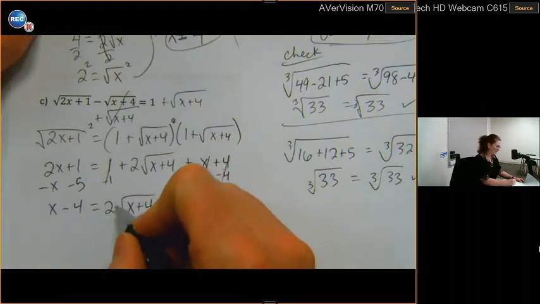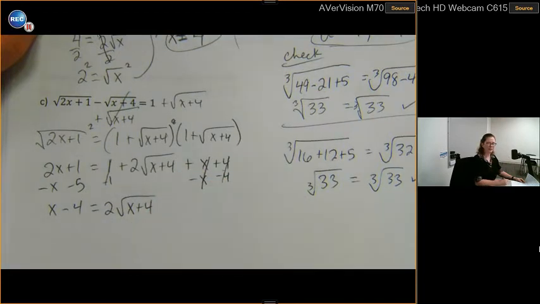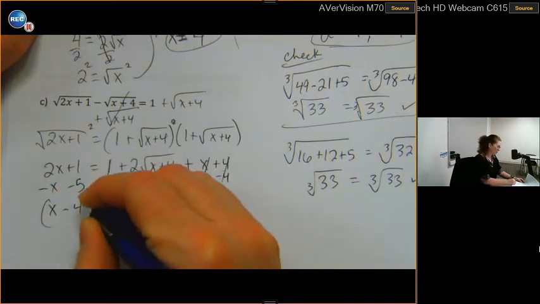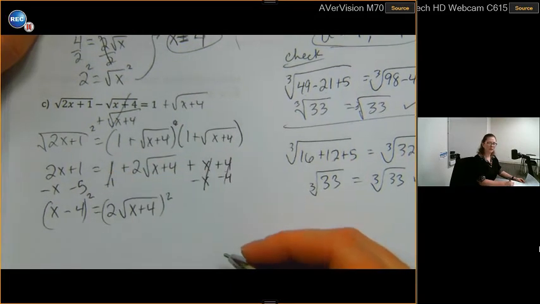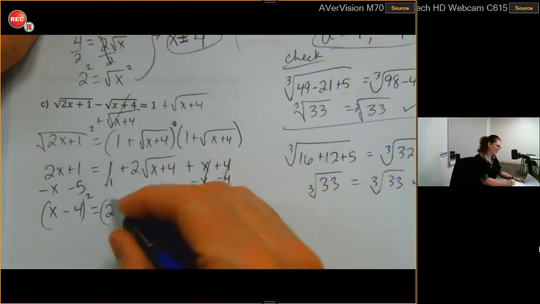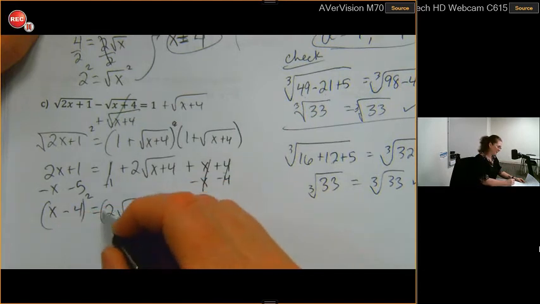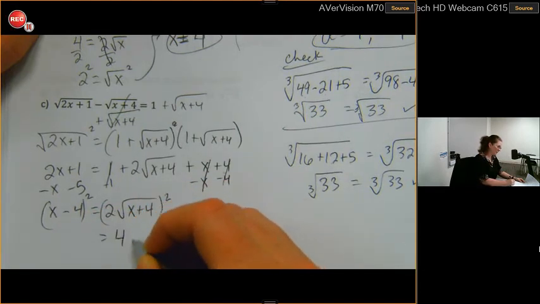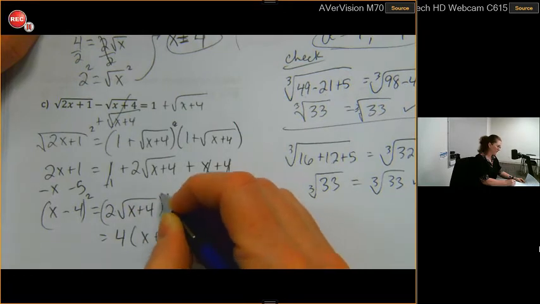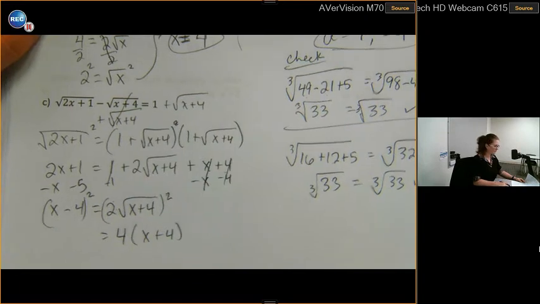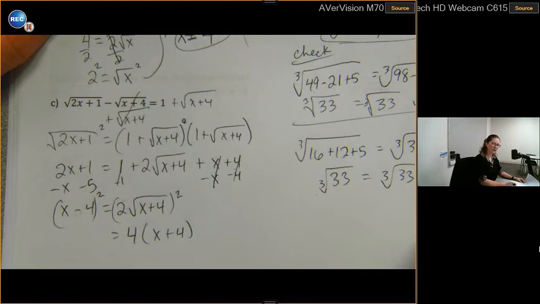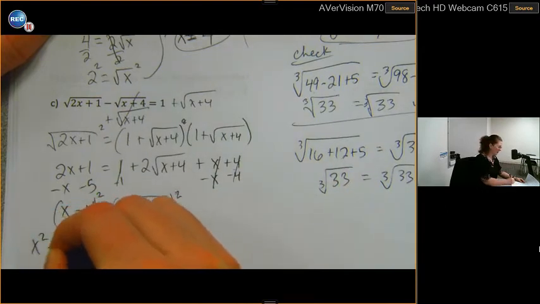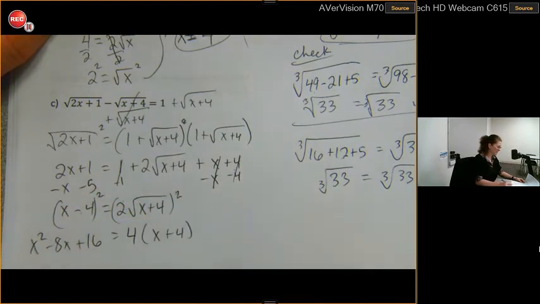So at this point, since 2 multiplies by the x plus 4 in the radical, we can actually square both sides as long as we use the product rule, which says that I'm going to have to distribute the squared in. So I'm going to get 4 times x plus 4, because it's 2 squared, and then the squared and the square root cancel. X minus 4 squared, I'm not going to write it out, but it's FOILed. So we have x squared minus 8x plus 16.